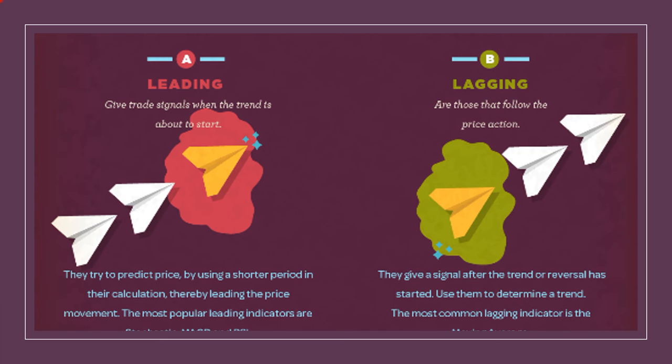They're trying to predict what is going to happen. Where a lagging indicator is a confirmation that something has just happened. Because when a trend changes or reverses, you may not see it instantly, but your lagging indicator will tell you it just happened. Where your leading indicator is going to tell you it probably is going to happen now.